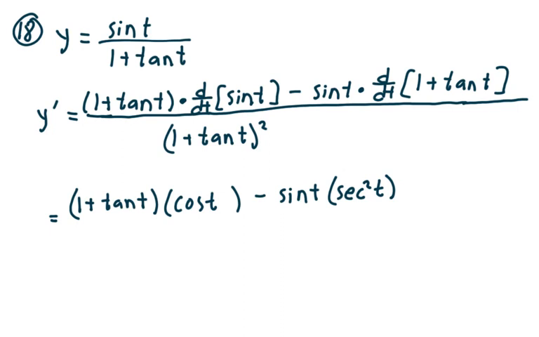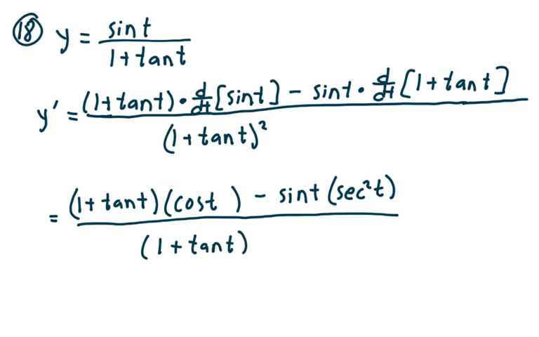Now remember, the derivative of 1 with respect to t is equal to 0. Remember, 1 is constant, okay? And I'm going to divide by 1 plus tangent t to the second. Now, we can simplify this. So I'm going to distribute the cosine t inside.